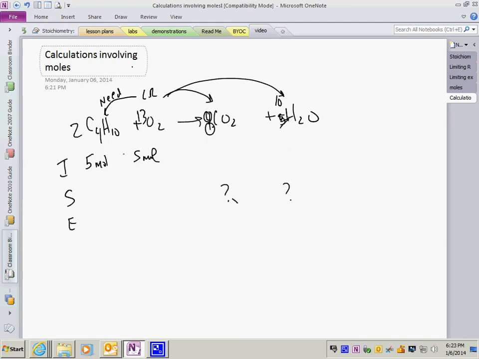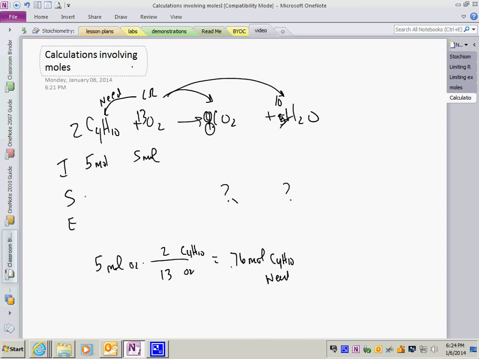Mathematics-wise, let's go ahead and punch this out. For our need, 5 moles of O2, get rid of the O2 and go to the C4H10 at a 13 to 2 ratio. 5 divided by 13 times 2 is 0.76 moles of butane, C4H10, that is needed.